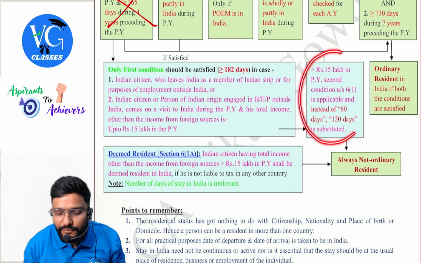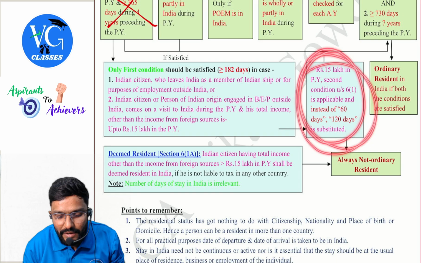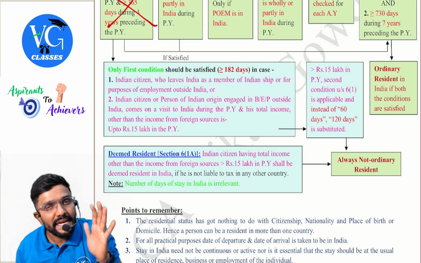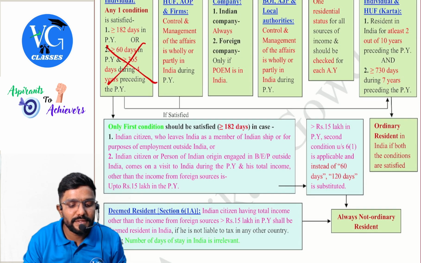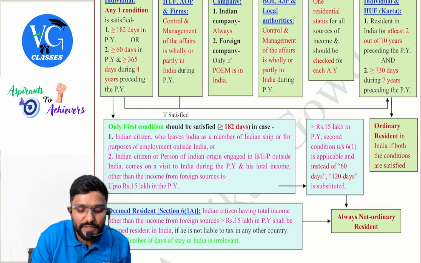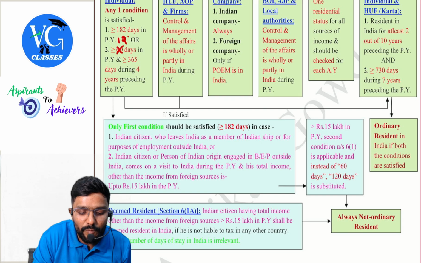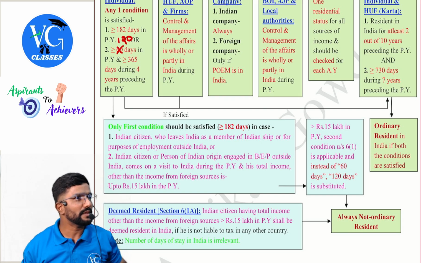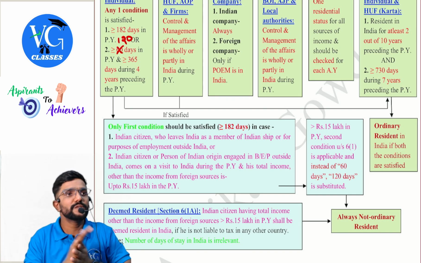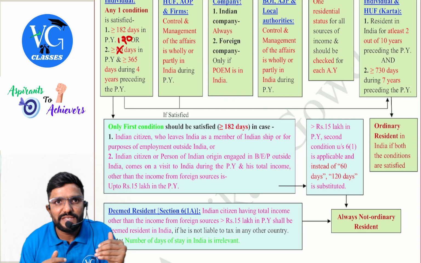What if it is more than 15 lakh? I have given the arrow mark and I have connected here. The second condition is applicable, guys. But instead of 60 days, they're telling it is 120 days. So for the second condition, is it alive, sir, for this person?